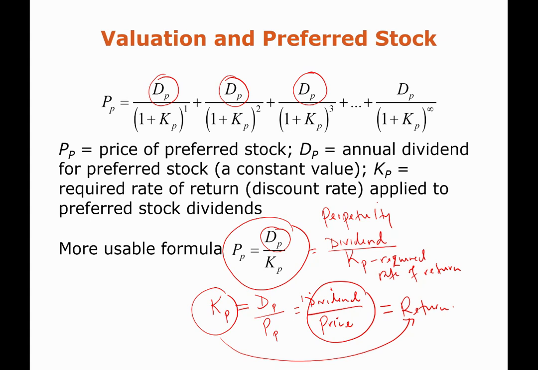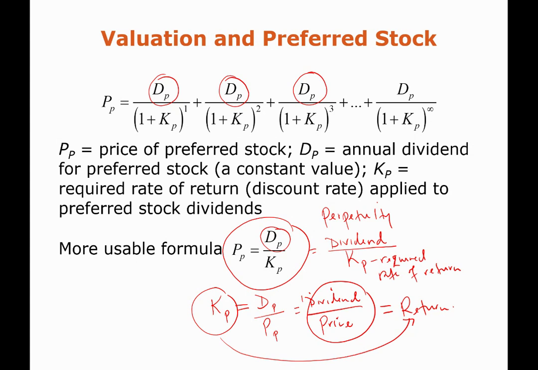If someone was asking for the dividend paid in year one and you're given the return on the preferred stock and you're given the price, again, you can find what that dividend is going to be. So in some cases they'll be asking you for the dividend, or for the required rate of return, or for the price, so long as you have the other two variables. So again, for preferred stock, it's a very easy process to determine the value.